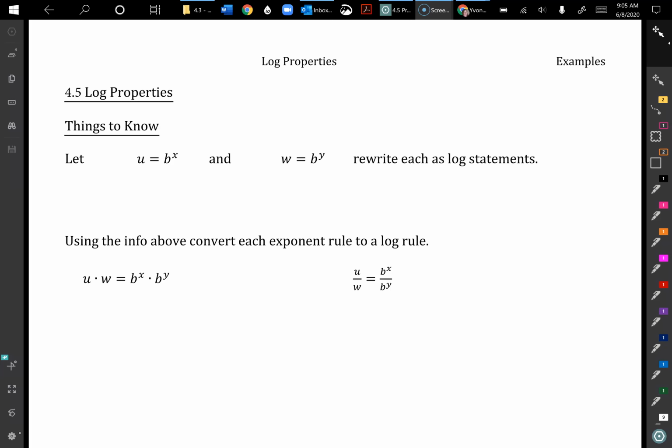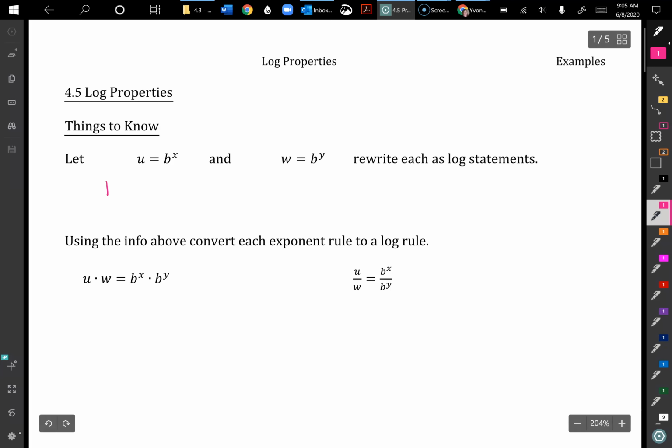So here we have two ways to write this. We're going to use U substitution, and then a W substitution as well. So we're going to let U equal b to the x and W equal b to the y. Okay, and we're going to rewrite each of these as log statements, using what we learned previously.